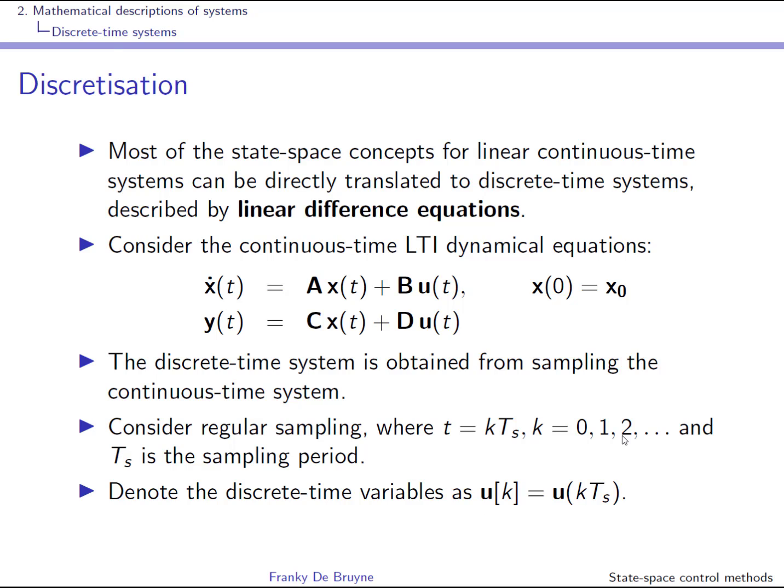Another reason why we're interested in discretization is because we are going to design state space controllers and observers in this course. And of course we would like to implement these on a processor, right? So what we could do, for instance, with the observer is simply discretize the observer and see what happens.